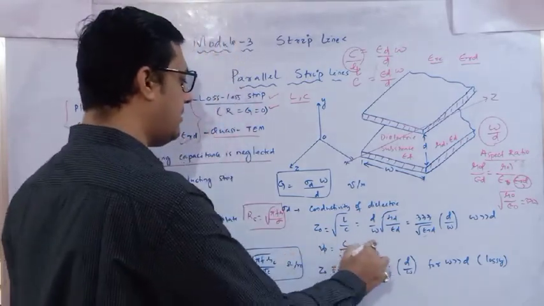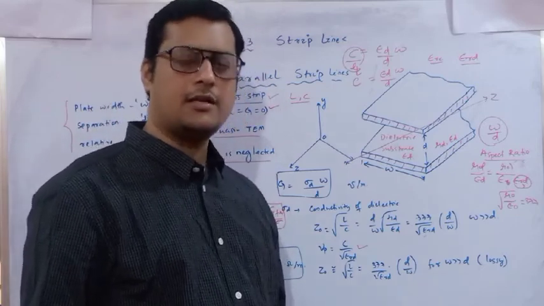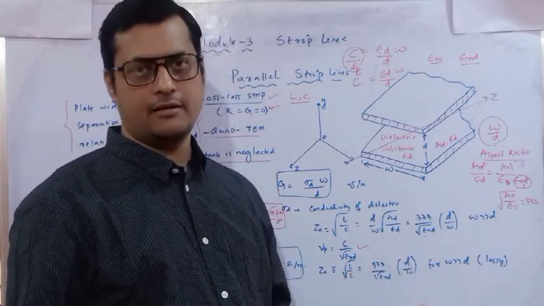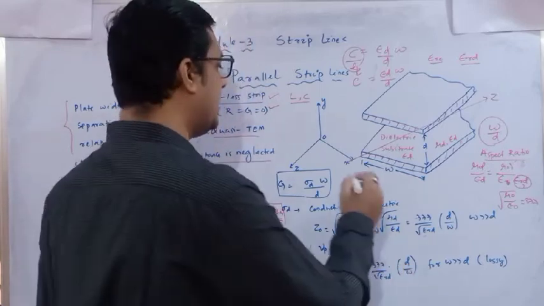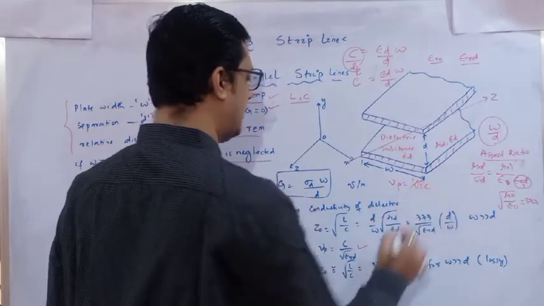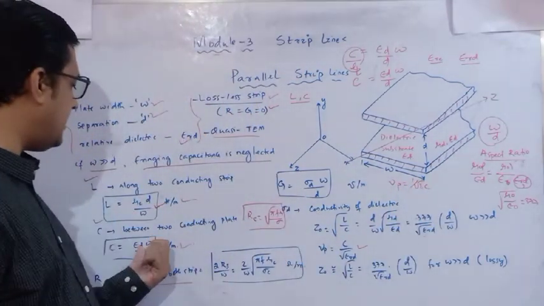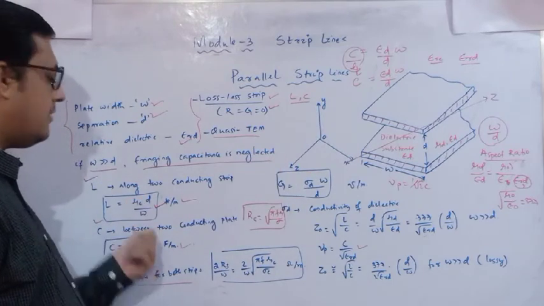Similarly, your phase velocity we can identify as c by root over of epsilon rd. Here c is nothing but the speed of light. Basically the phase velocity we identify as 1 by root over of LC. Whatever the values of L and C are there, you can substitute here, and we get mu c into epsilon d.